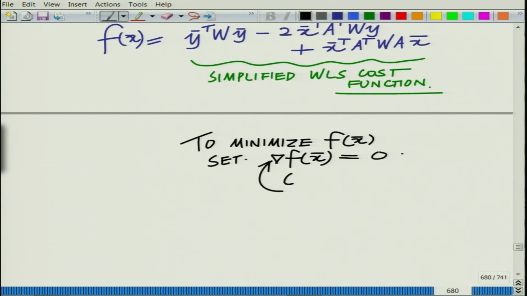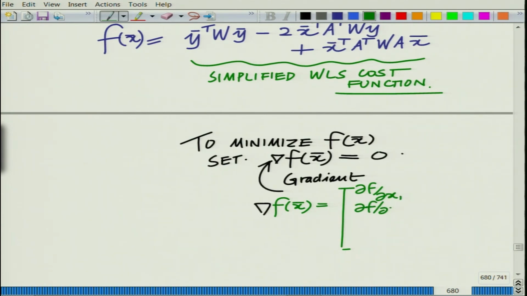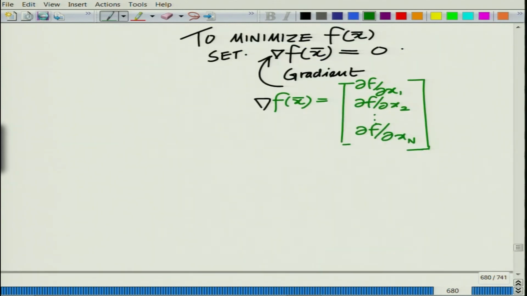Remember, the gradient is defined as follows: for an n dimensional vector x, you take the partial derivative with respect to each component of x. This is something that we have seen, but you might do well to recall this definition of the gradient. So you take the gradient of this f of x bar and set it equal to 0.